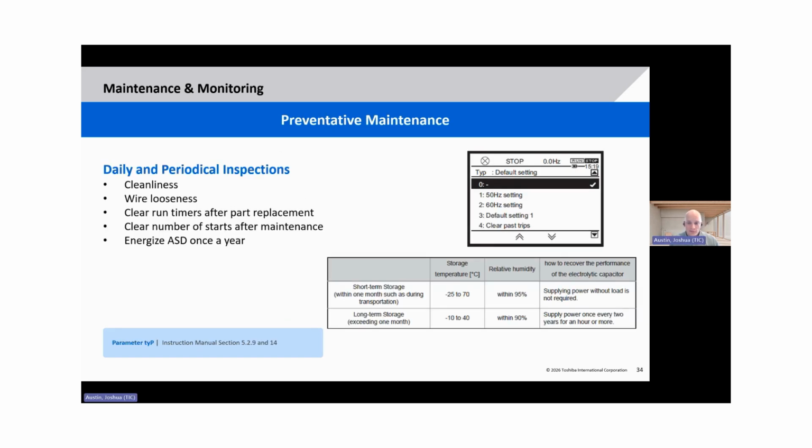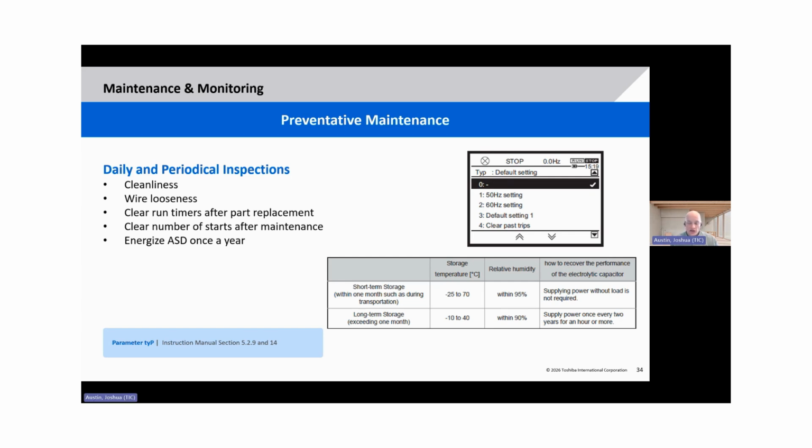And looking at preventative maintenance, our instruction manual and documentation describes daily, periodical, or yearly practices that are best to try and prevent failures from occurring. That's going to be checking for cleanliness, checking for wire looseness. So depending on the application, if there's a lot of vibration or noise, you may need to retighten wires and connections.